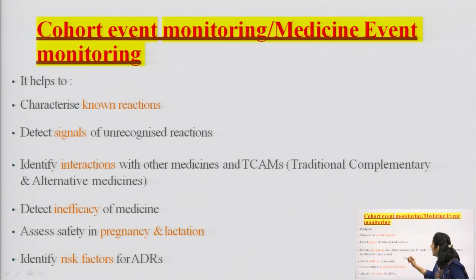So, it helped to characterize the known reaction, it detects signals of unrecognized reactions, it identifies interaction with other medicines, because you are observing a cohort continuously. It detects inefficacy of medicine, it assesses safety in pregnancy, lactation, identifies risk factors.